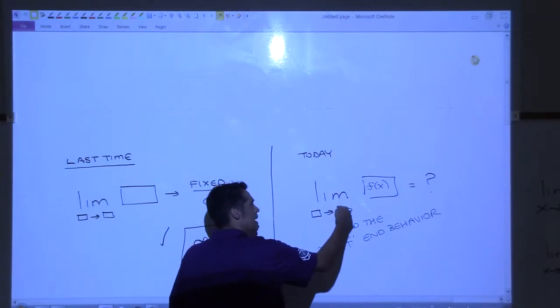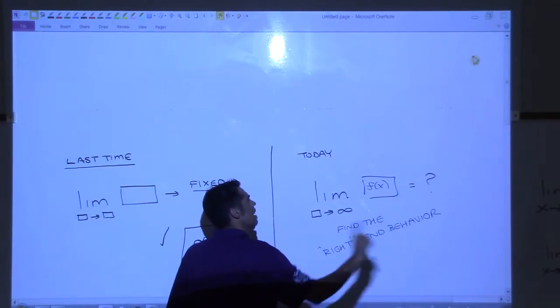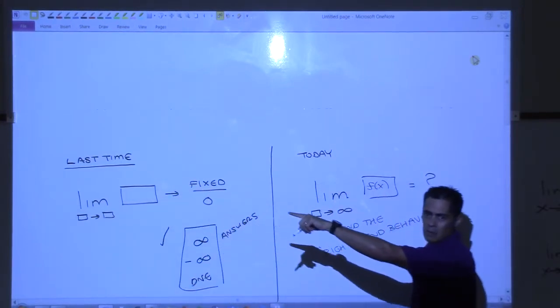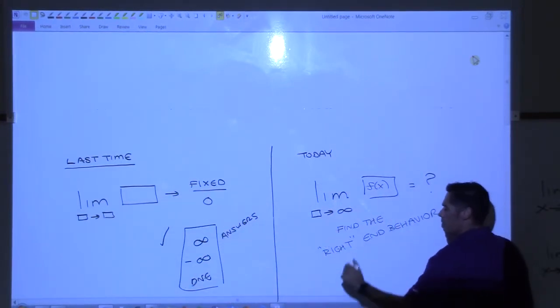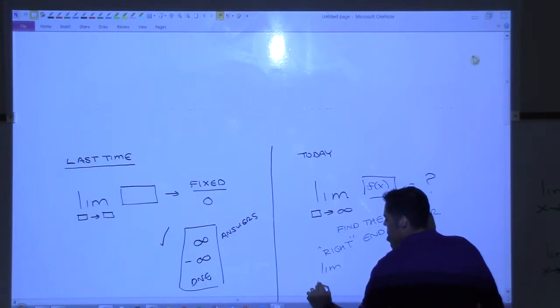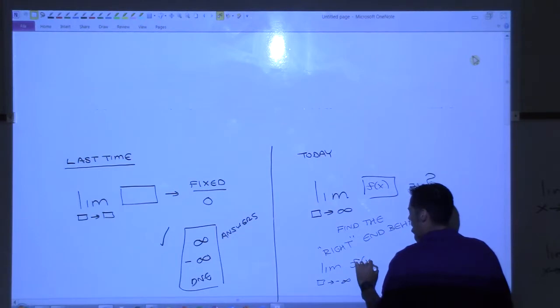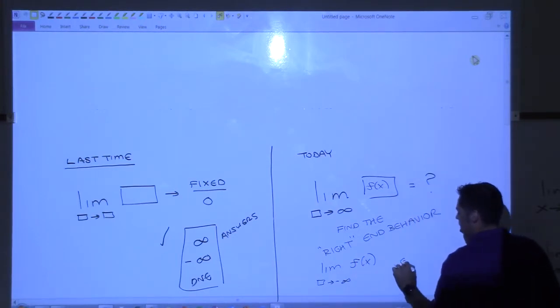So this is basically saying, tell me what the function is doing out that way. And if I want to figure out what it's doing that way, I'd change that to negative infinity. I could do the limit as x goes to negative infinity of the function, and this will give me my left end behavior.